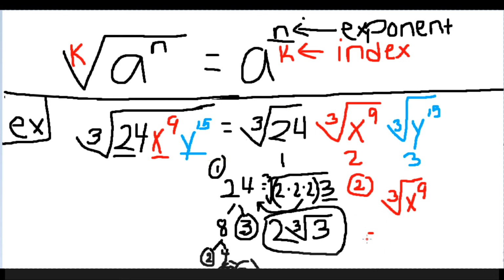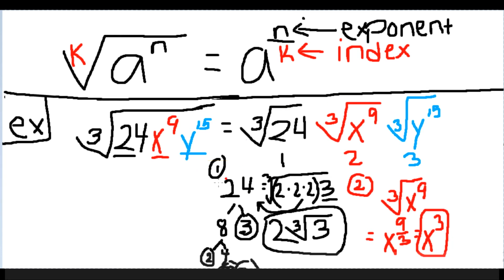So if I rewrite this, I take my base x to the 9th, my exponent goes in the numerator, my index goes in the denominator, and what's 9 divided by 3, you guys? This simplifies to x cubed, okay? So do you see how much easier that made my life? All I had to do was divide the exponent by the index, and boom, I'm left with my answer, okay?